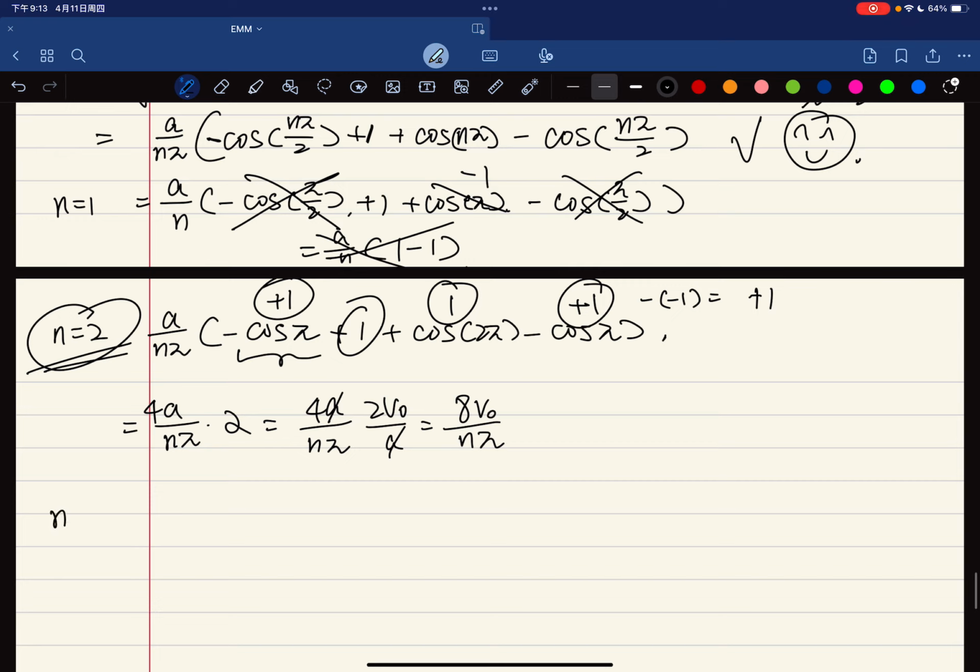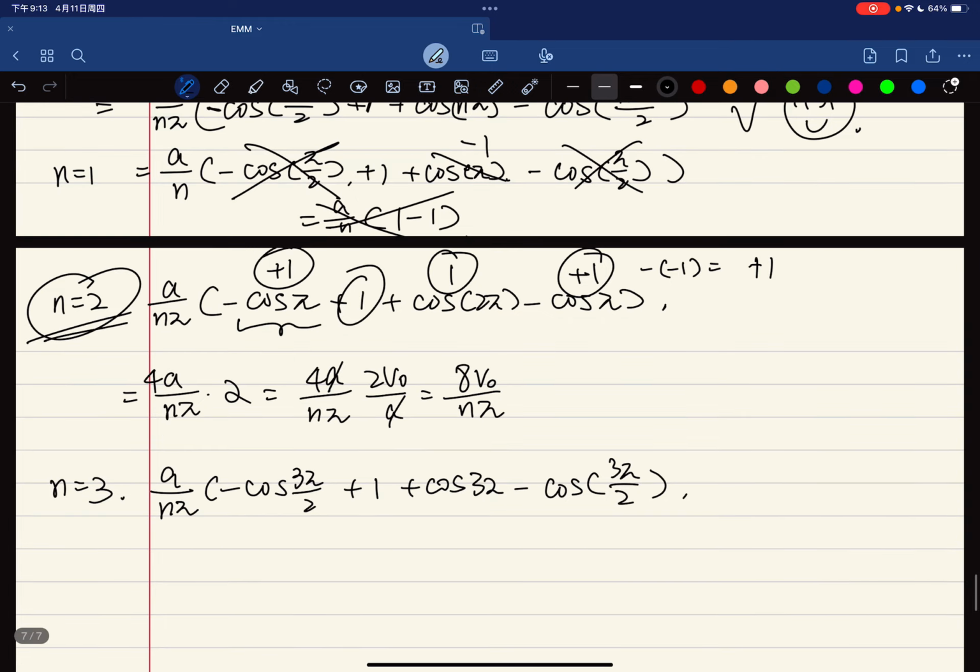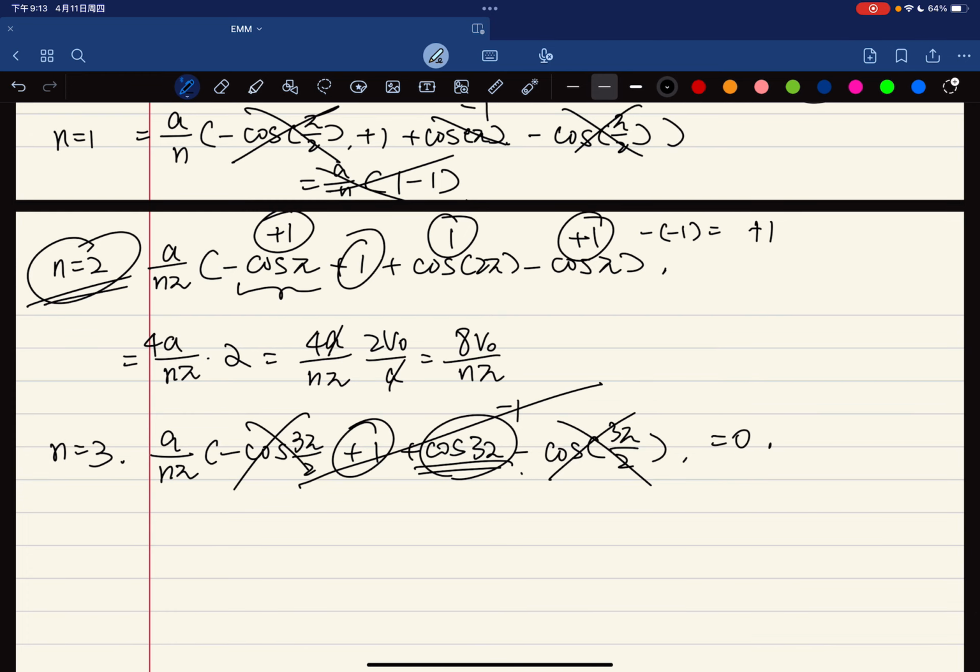So what happened when n equals 3? Let's see. When n equals 3, we have 2 over 3 pi and cosine 3 pi minus cosine 2 over 3 pi, and cosine 2 over 3 pi is what? Oh, looks like 0. So 0, 0, and 1, and this is -1, so cancel. Okay, we have 0. What happened when n equals 4?